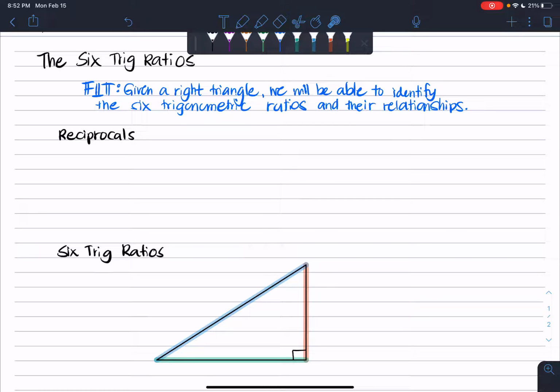Before we get into the new trig ratios, we want to have a strong understanding of reciprocals. Okay, so when we look at a reciprocal, we basically just flip the numerator and denominator of any number. All right, so let's take a look at some examples.